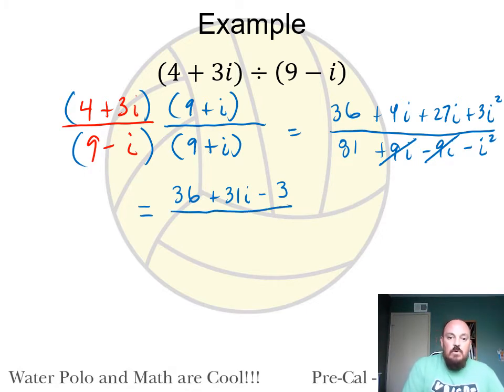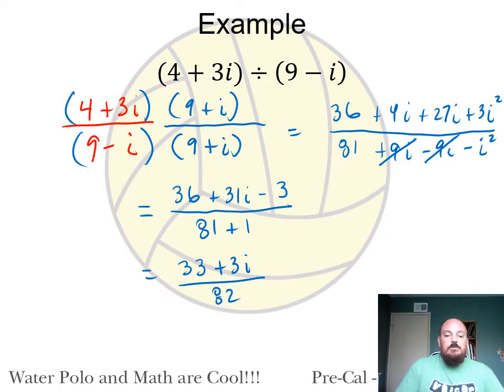And on bottom, we have 81, and then that minus i squared, minus a negative 1, will end up being plus 1. So if we combine like terms on top, 36 minus 3 is 33 plus 31i, all over 82.